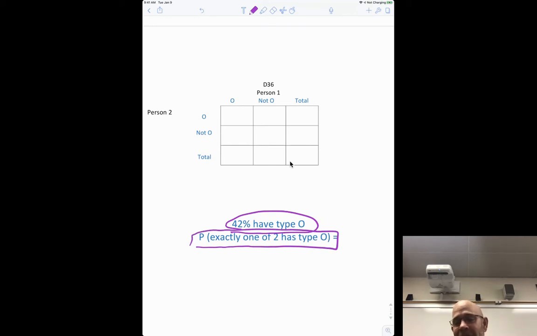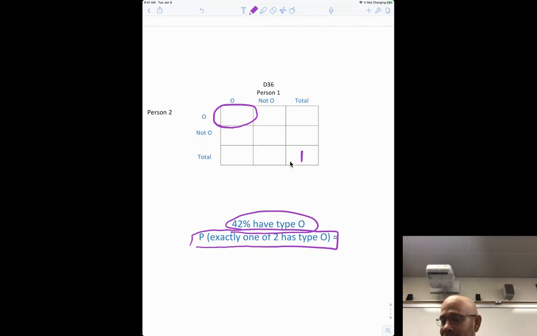The nice thing about this is, because these two people, let's assume they're independent, they probably are unless they're related or something like that, I have this little chart here, but nothing in the chart. There's no information from the chart, but I'm building this chart myself. I can fill that number in right now, because if I just think about probabilities instead of people, we'll call it one person.